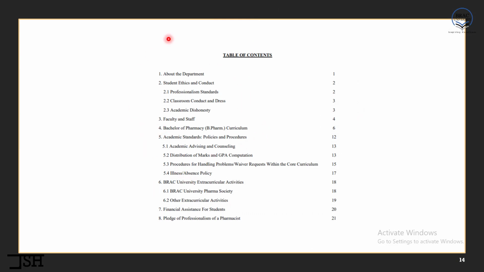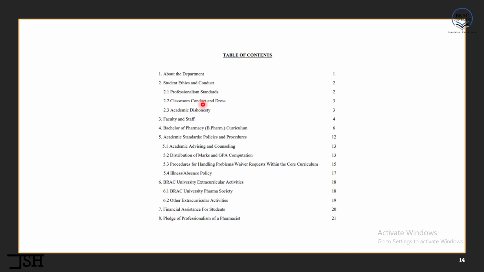Briefly, if I take a look here, in the table of contents we have about the department, student ethics and conduct, faculty and staff, Bachelor of Pharmacy curriculum, academic standards, policies and procedures, then BRAC University extracurricular activities, and so on. So from here, we can easily say that in the student handbook, we have certain rules and regulations and a brief idea about the department.